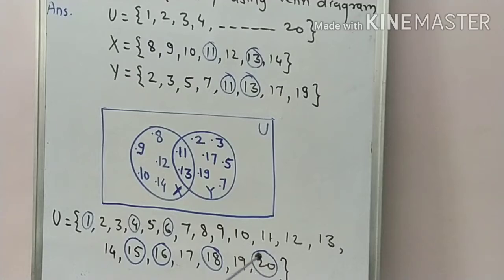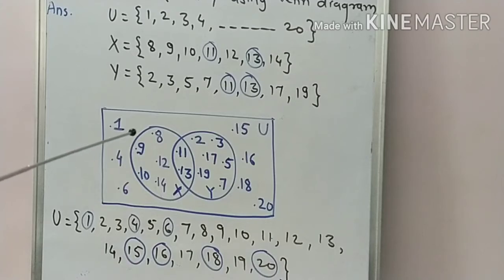These are the elements of the universal set, and hence the remaining numbers we write outside the circular part, outside of set X and set Y, like this.